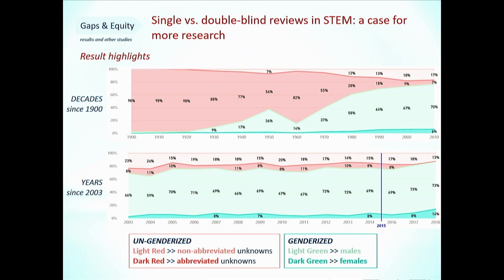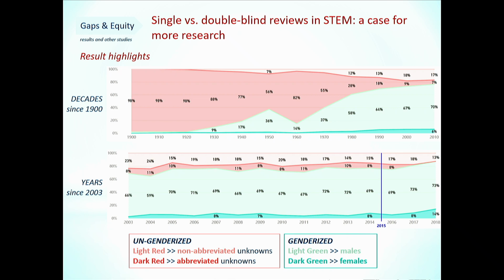In the bottom graph, roughly in the last decade, the authorships that were not genderized shrunk quite a bit. The different tones describe, within the red tones, the authorships that were not genderized. There's a mistake here, those are switched: the dark red is the abbreviated unknowns, which are the majority.